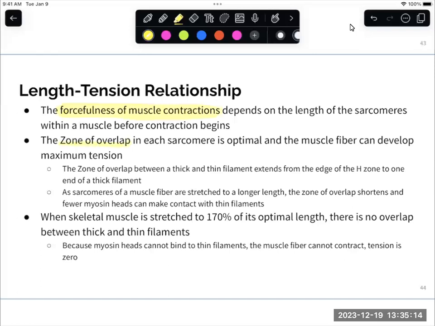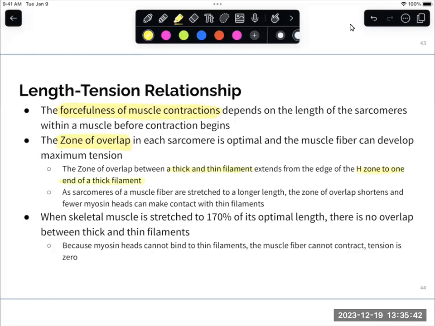That zone of overlap that I pointed out in that sarcomere, where that zone of overlap is, determines the most forceful contraction. That zone of overlap between that thick and thin filament extends from that H zone to one end of a thick filament.